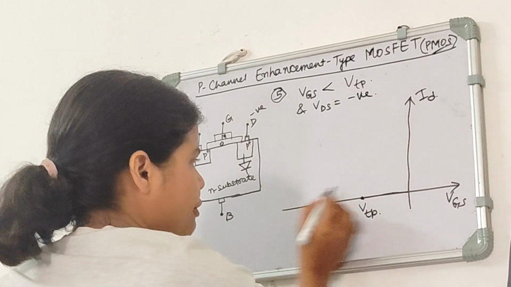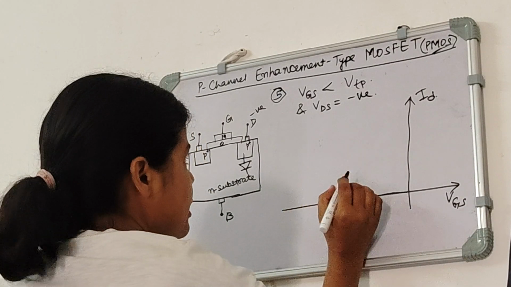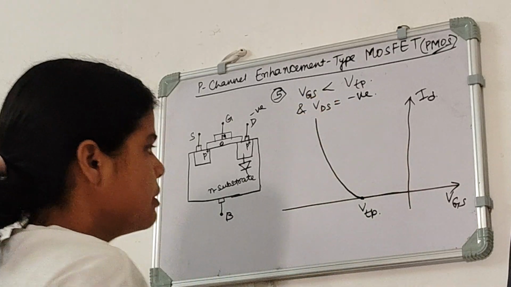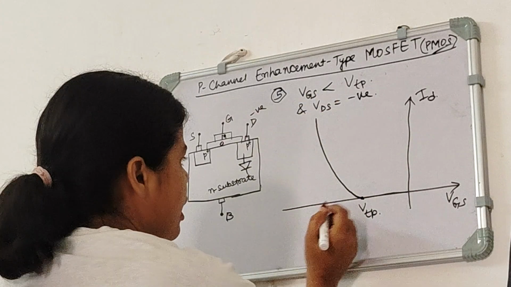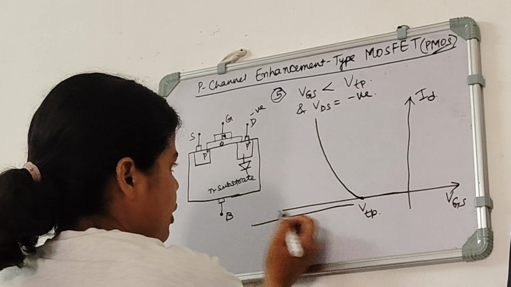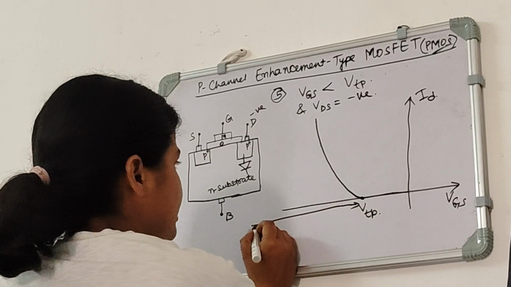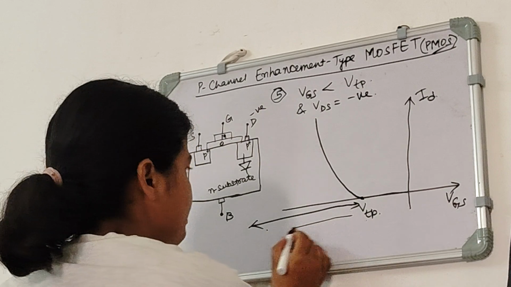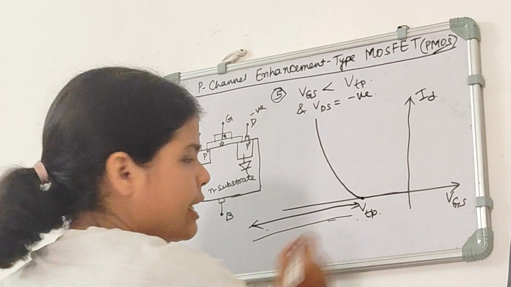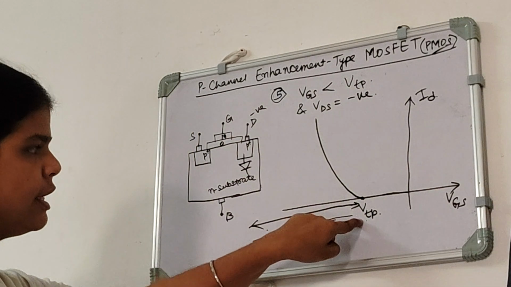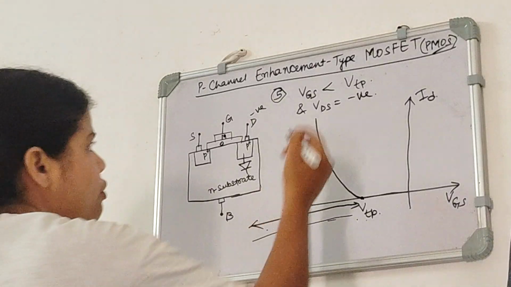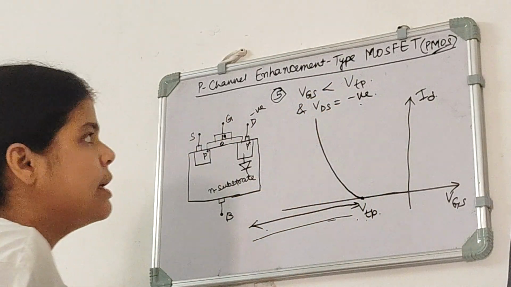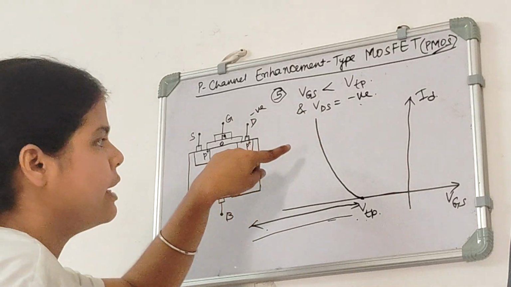After VTP, if we increase the VGS in the negative direction, our current will increase like this. So for these values of VGS, we are getting the current, and these values are less than VTP. We can clearly see from this graph. So we are writing VGS is negative, less than VTP, and VDS is negative, then we are getting the current.